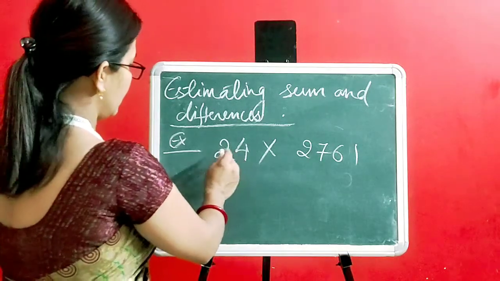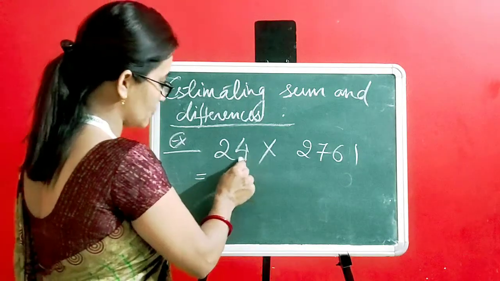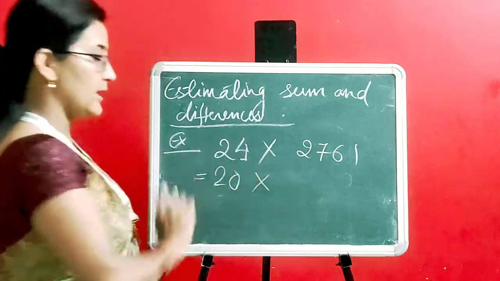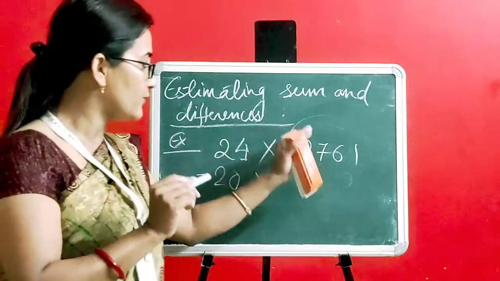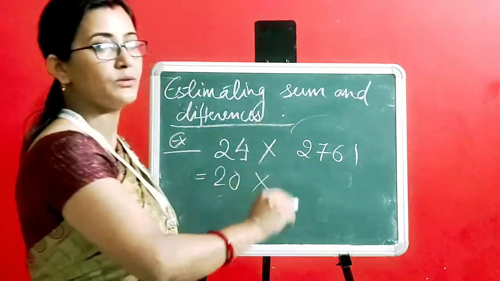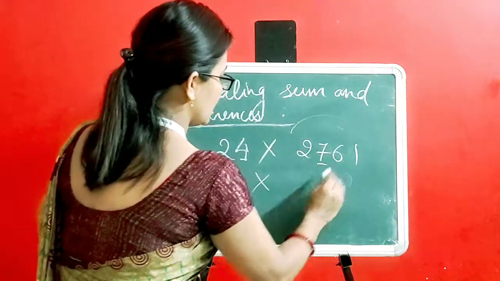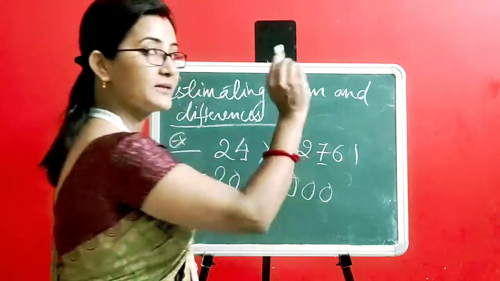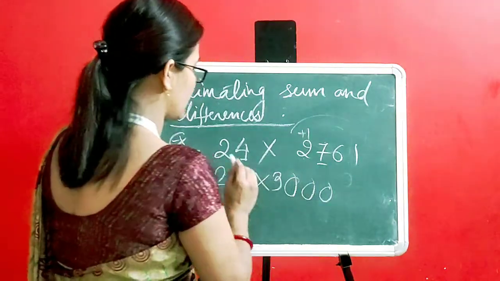See here, 24 is a 2-digit number, so we look at the digit 4, and it will round to 20. Okay, 20 into, here it is a 4-digit number, so we have to round it to the nearest 1000. To do that, we have to see the hundreds place. Here the 7 is in the hundreds place, and 7 is greater than 5, so the thousands digit will increase by 1, so 3000.